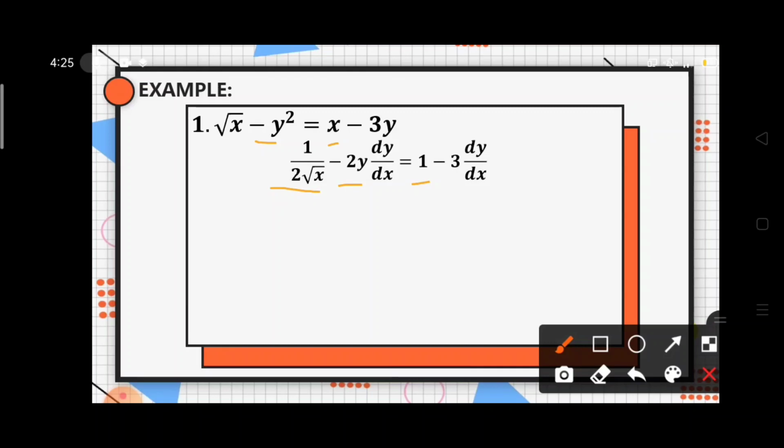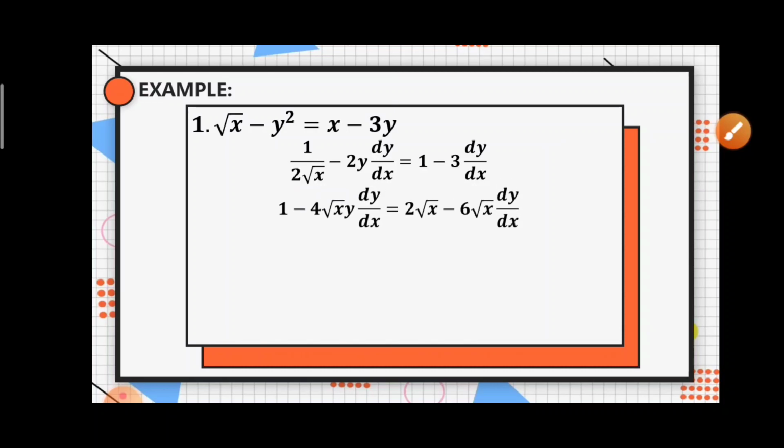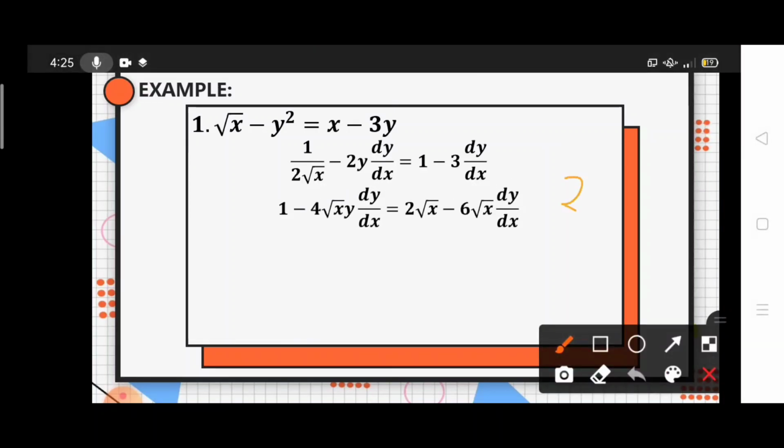And let us multiply both sides by 2 square root of x. So 2 square root of x times negative 2y equals negative 4 square root of x y dy over dx.